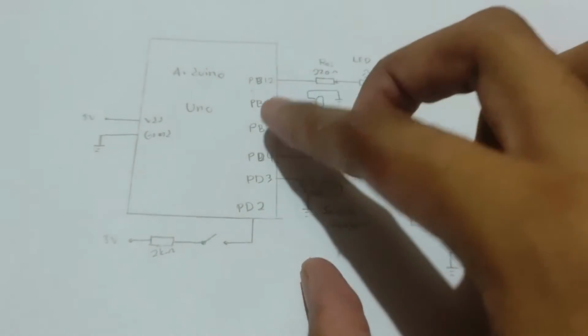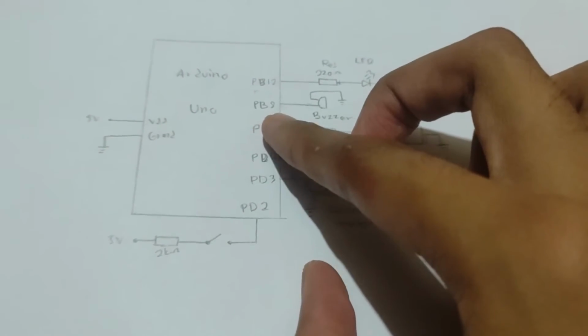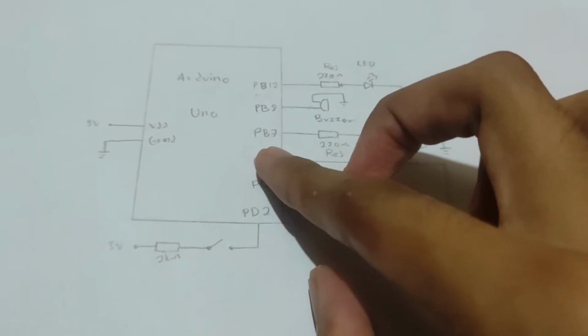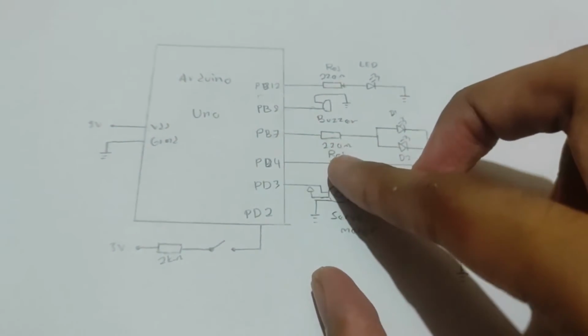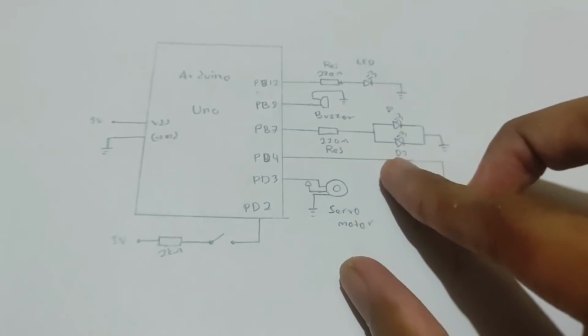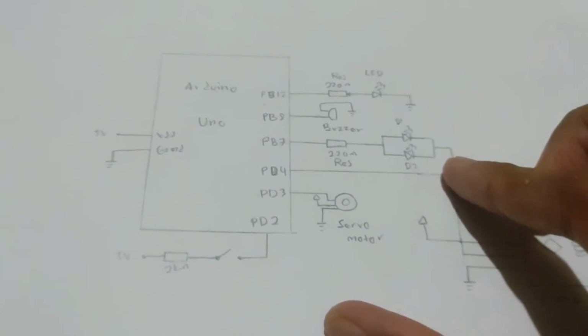For pin number 8, we have a buzzer. For pin number 7, we have a 220 ohm resistor connected to an LED and to ground.